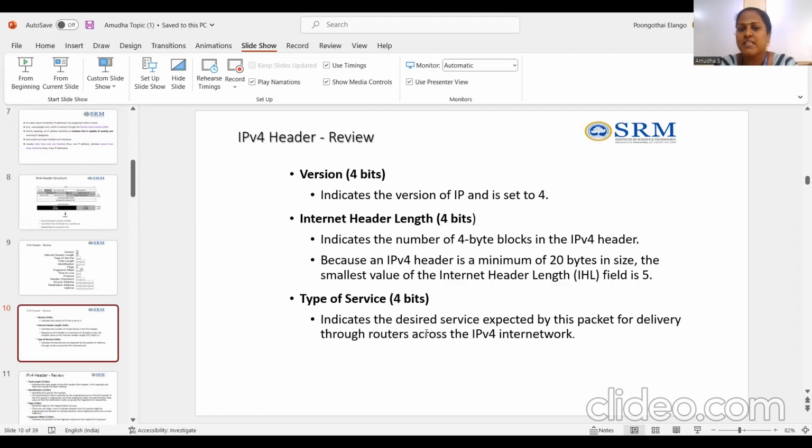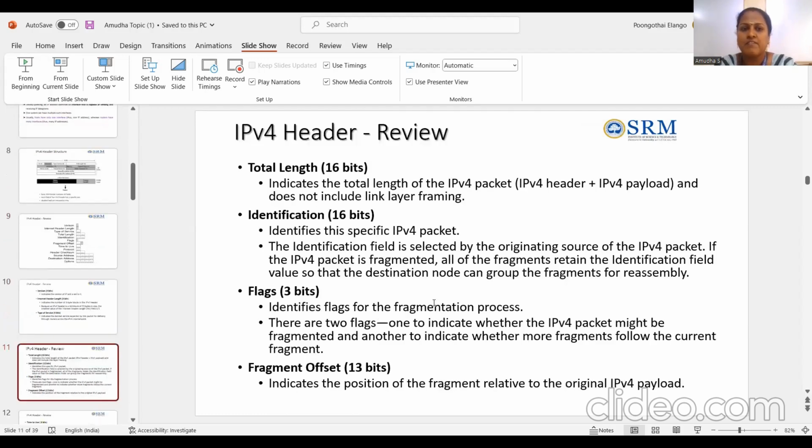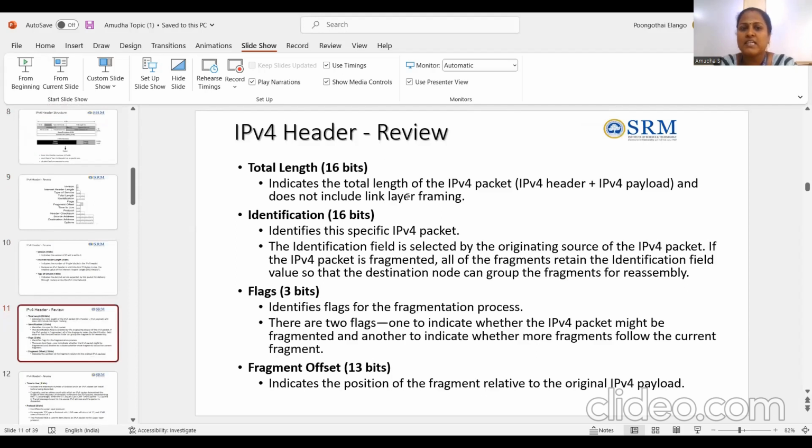The type of service indicates the desired service expected by the packet before delivery. The total length indicates the length of the IPv4 packet, whereas the identification identifies the packet, so if the packet is fragmented by the source, all the fragments are reassembled at the destination side.